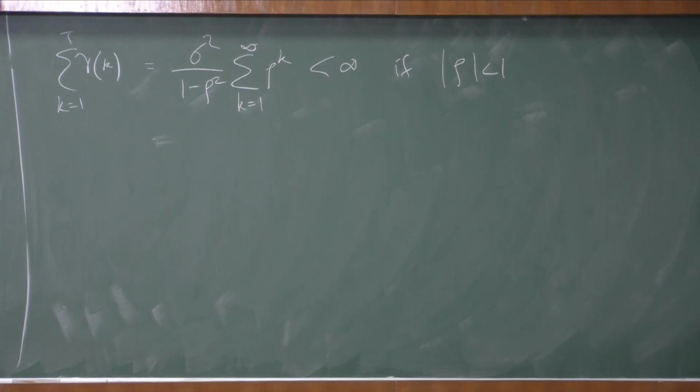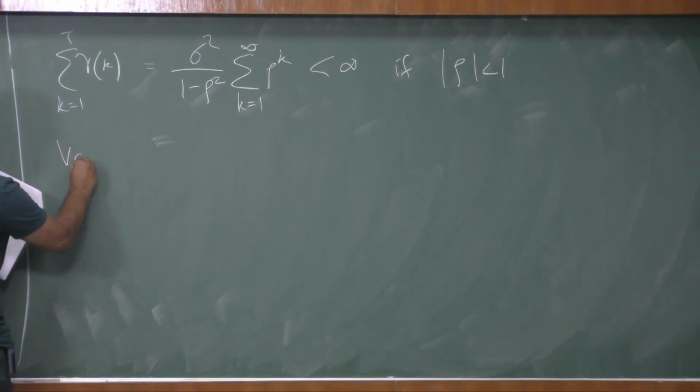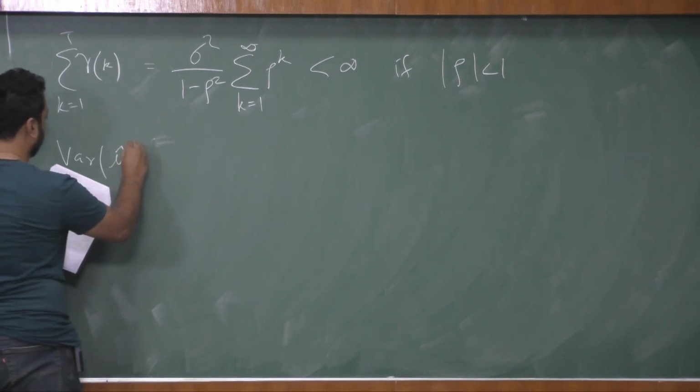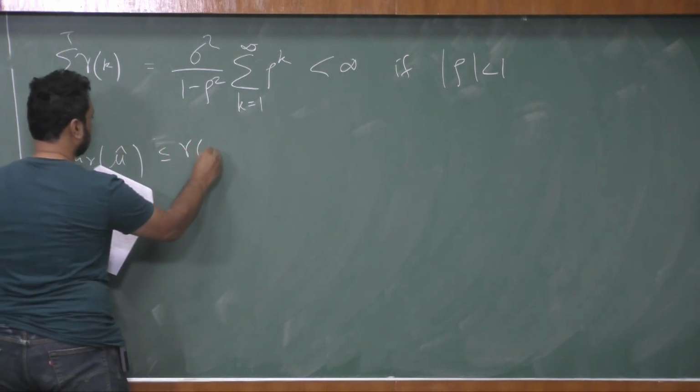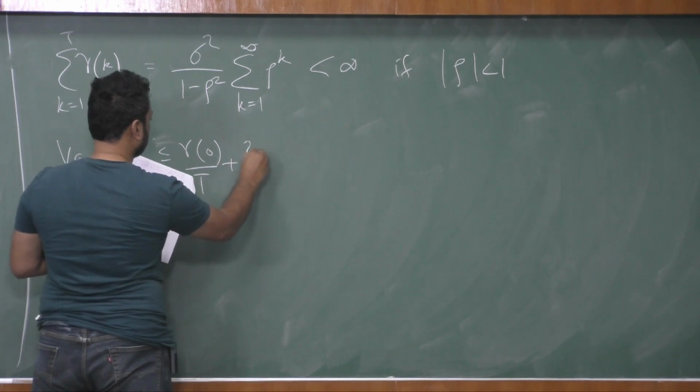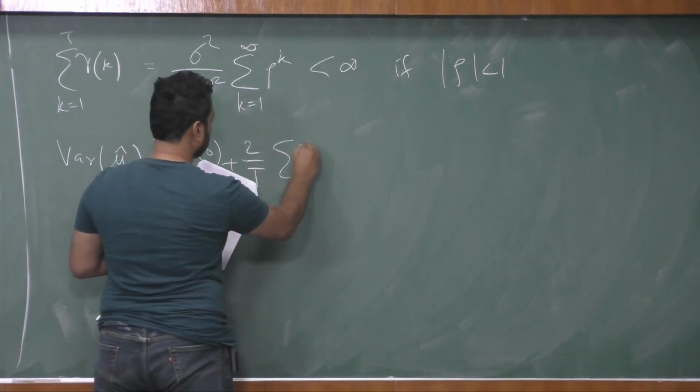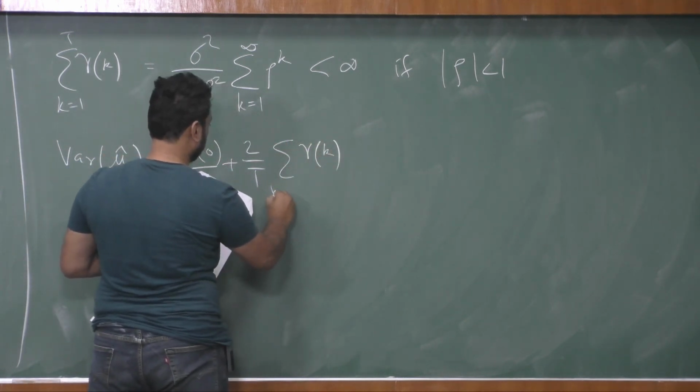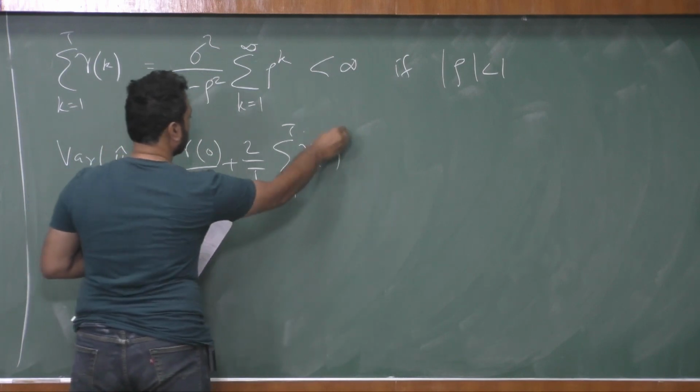we do have that as t tends to infinity, because if you look at the bound again, we had variance of mu hat is less than or equal to gamma 0 by t plus 2 by t times the sum of gamma k, k equals 1 to t. So we were worried about this term.